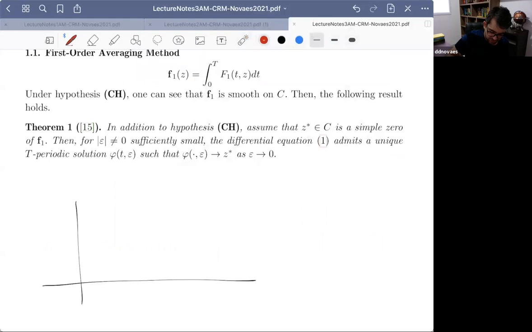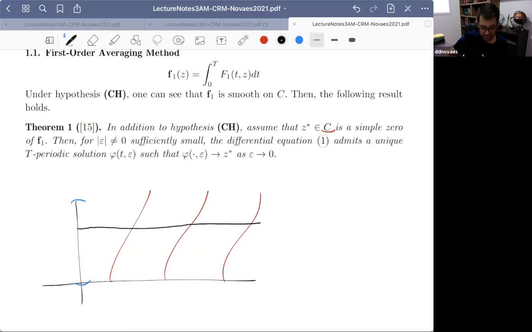Okay, let's just draw what happens in this set. So this is the set. We know that every solution of the unperturbed system reaches the set of discontinuity only in crossing regions. Then the same will happen for solutions of the perturbed system.